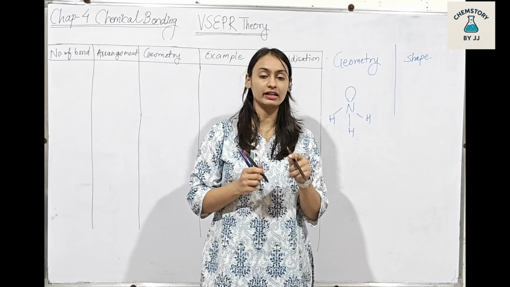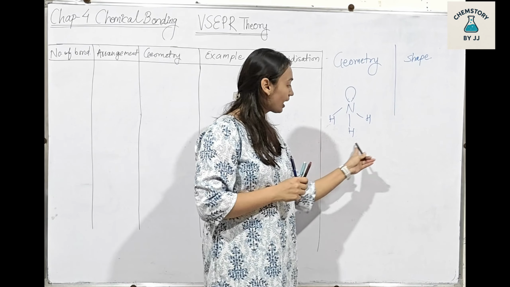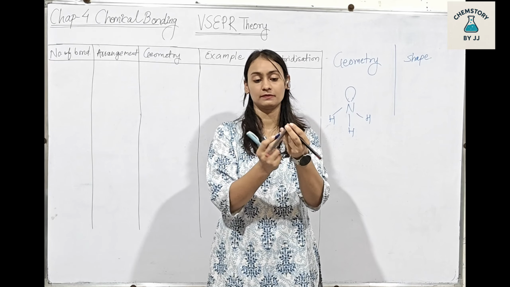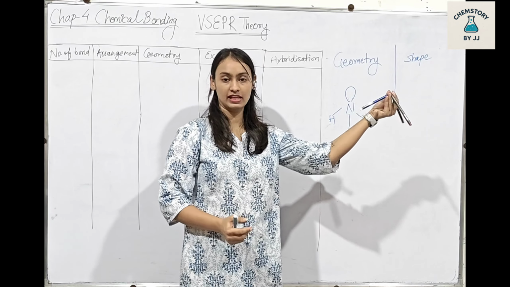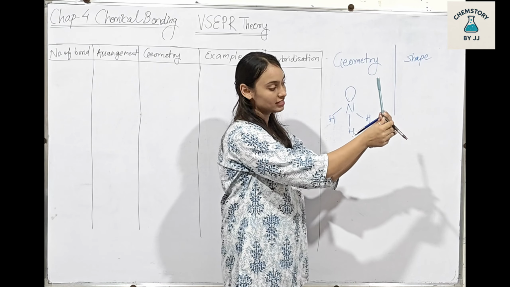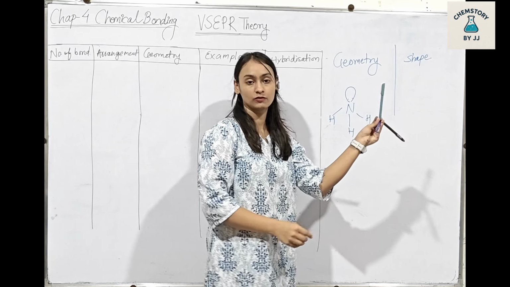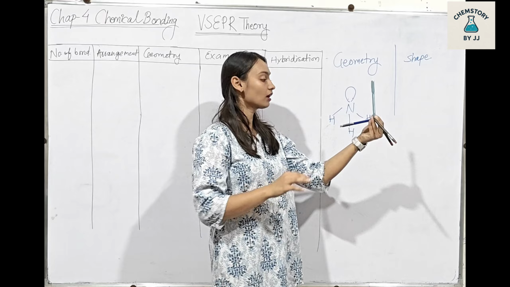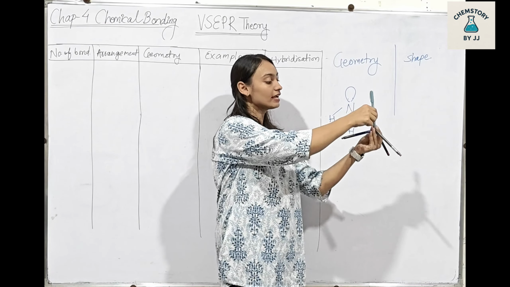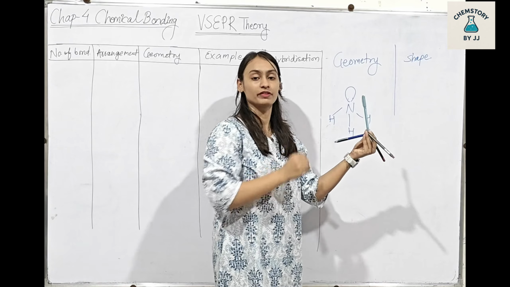See, in 3D, these three hydrogen bonds are connected downwards, like this, and this. And the lone pair is on top. Now, this structure is known as tetrahedral, and this is the geometry.